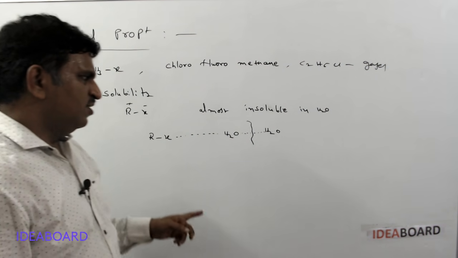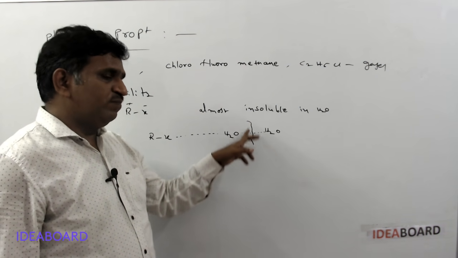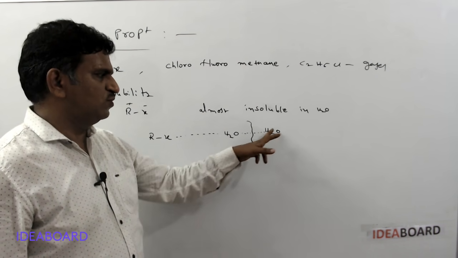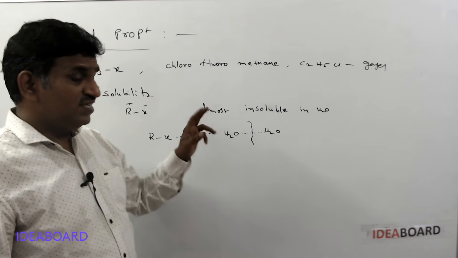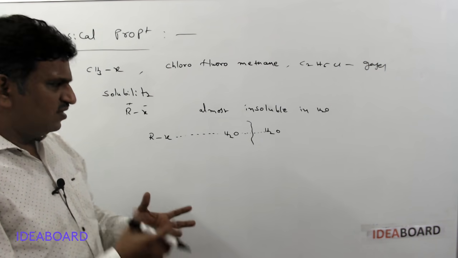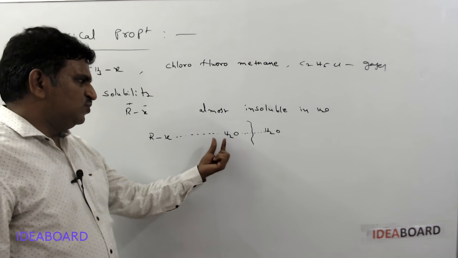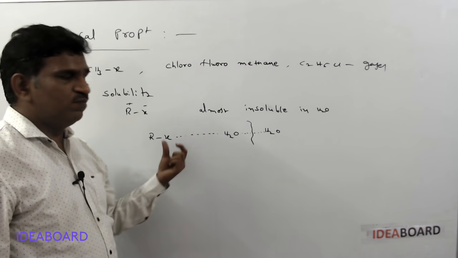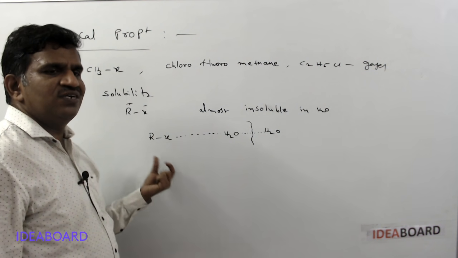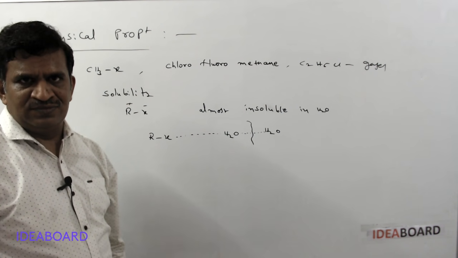But the energy required to break the hydrogen bonds of water is much more than the energy released due to the formation of a bond between water molecules and alkyl halide.